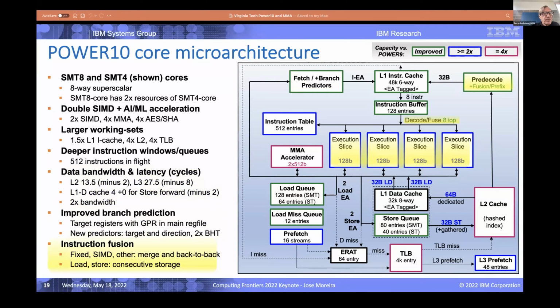And then we actually added a number of architectural innovations, introducing new instructions. One thing that is not mentioned here, but is quite relevant, is that we introduced instructions that use more than 32 bits, so-called prefix instructions.